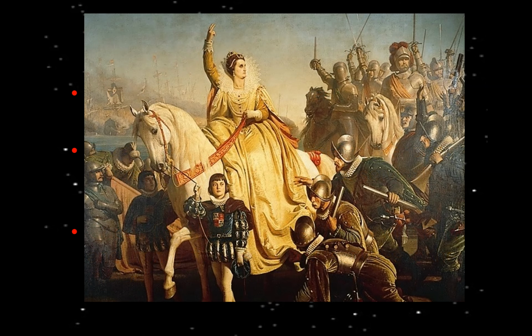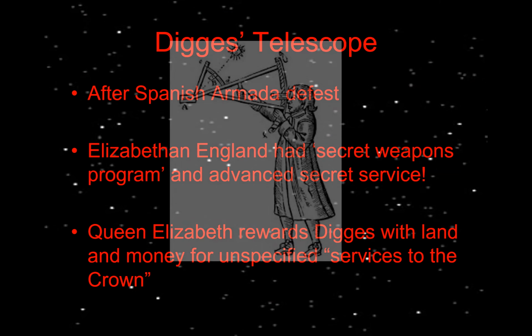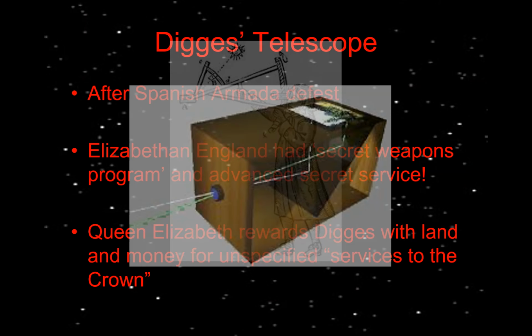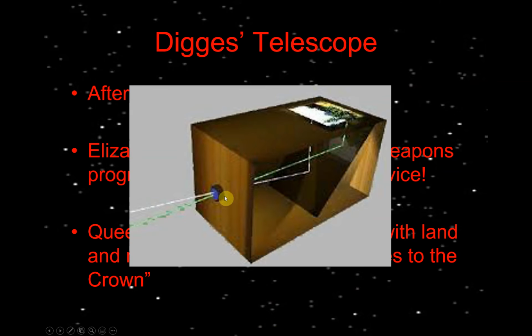And there's Queen Elizabeth after the defeat of the Spanish Armada, which may possibly have been due to one of Digges's inventions. Digges's telescope would have been a box of this description with a lens at the front and a reflecting mirror here, which would have formed an image on a screen, very much like a monitor, that could be used to point out to sea or across land and form an image.